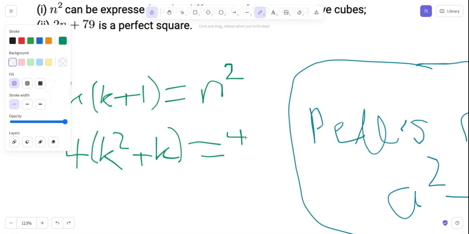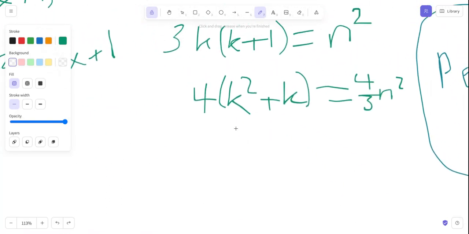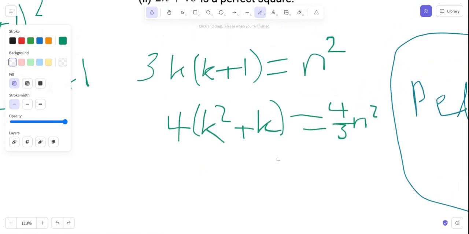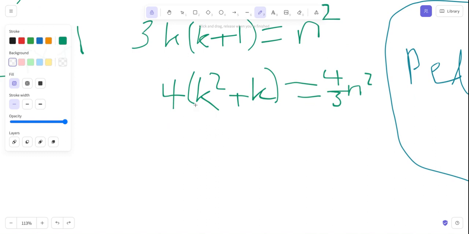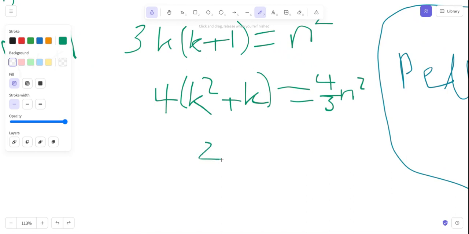Now if we add 1 to both sides, we can complete the square in k and get 4k squared plus 4k plus 1, which is just 2k plus 1 squared.